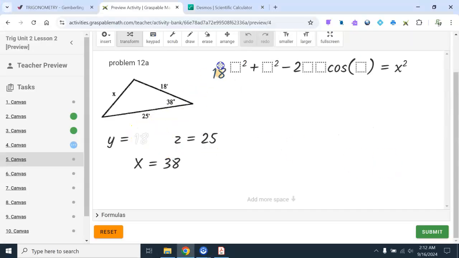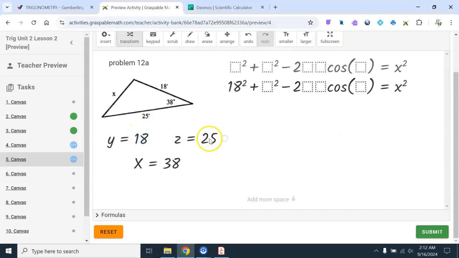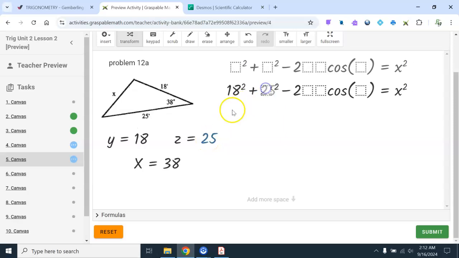Alright, so we start off with 18 squared plus 25 squared minus 2 times 18 times 25 times the cosine of 38 degrees. Again, if you stick all of this in your calculator as one big problem, then you'll find the value of x squared. Take the square root of that to get to x.